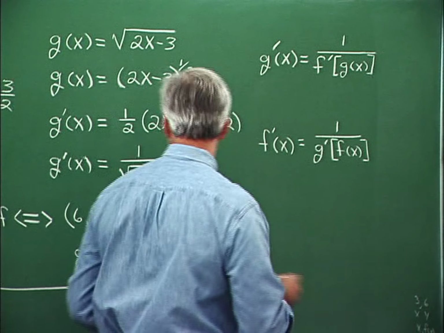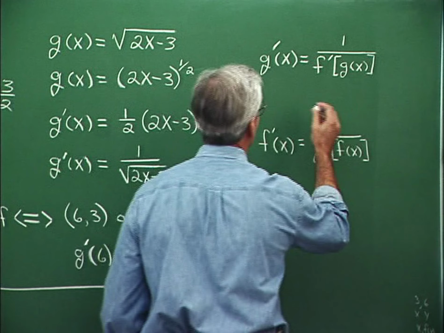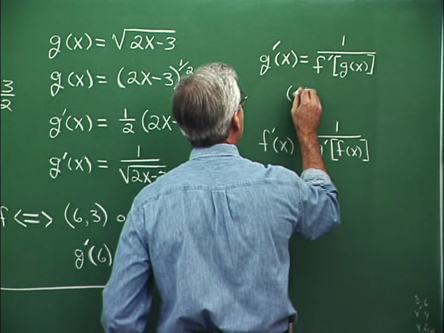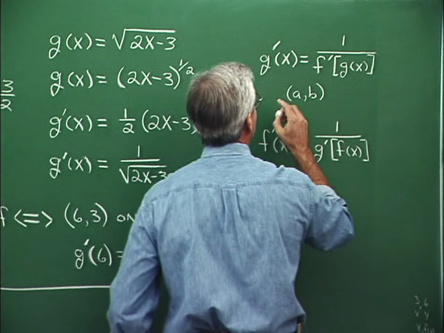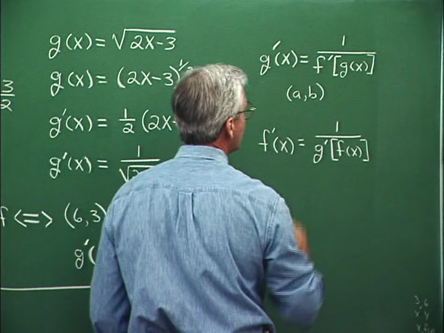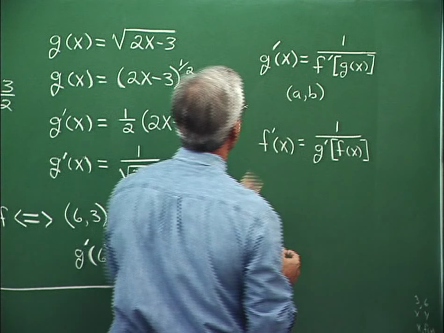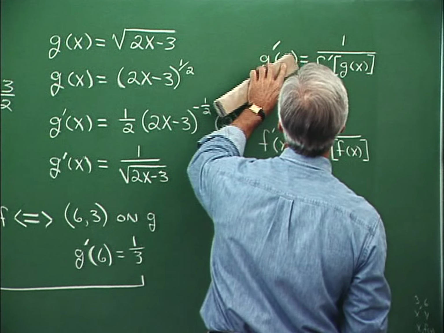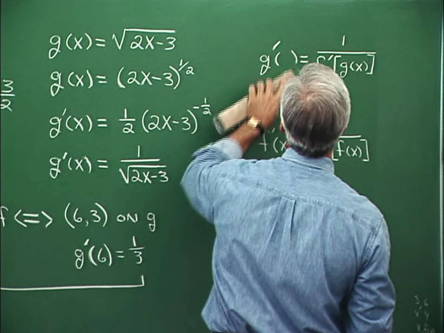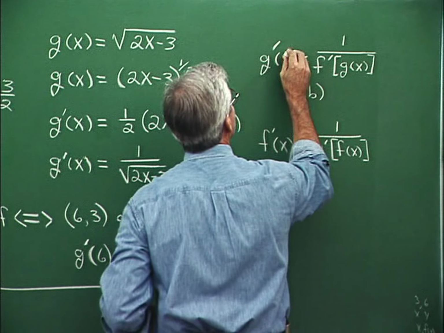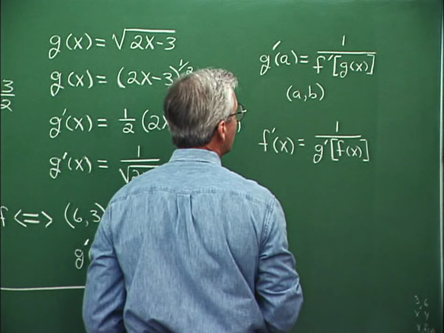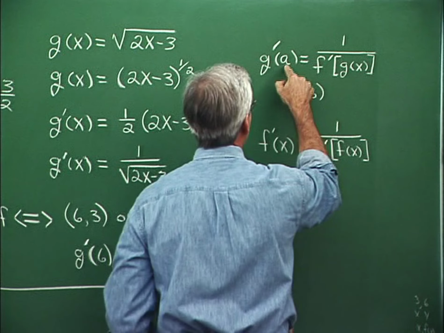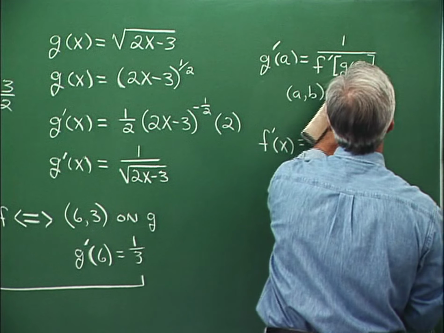It's a little easier to think of the situation like this. If we think of a point A, B that's on, let's say, the g function, one of the functions or the other, and we're talking about g prime of a. So x is replaced with a, and this x is replaced with a.